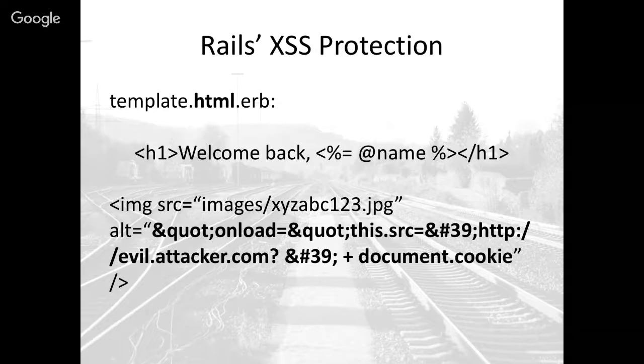The effect of that is that instead of breaking out and doing nasty things in the page, it encodes quotes as HTML entities, and so on. This encoding results in a literal character appearing in the page. So if you say my name is, quote, your worst enemy, then you hover over that image, it'll say, quote, your worst enemy, right? It ensures that it's interpreted as text, not as page content.